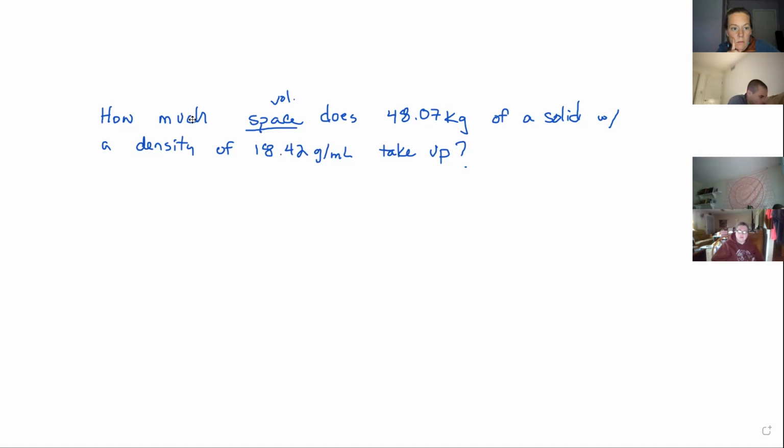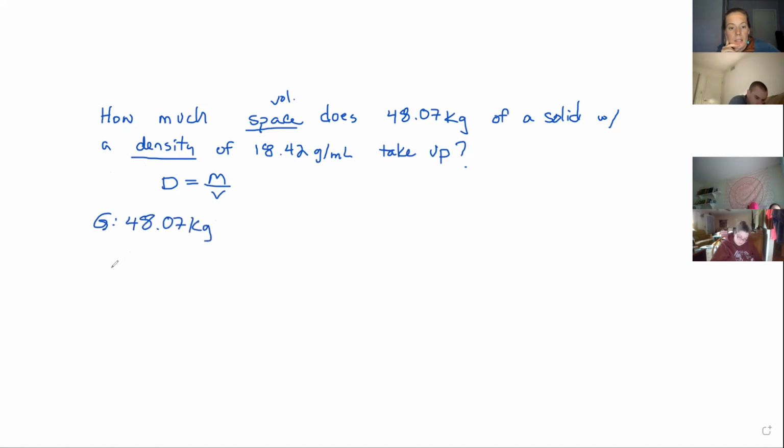Okay, so Cynthia, I saw your question, so we'll just answer it as we go along. When working on this problem, I'm seeing this word density, right? So I know I'm going to probably use density equals mass over volume. I have given information. I know that I have 48.07 kilograms.